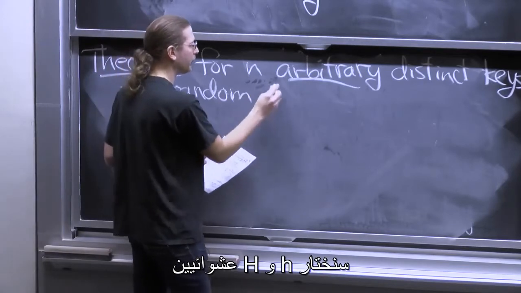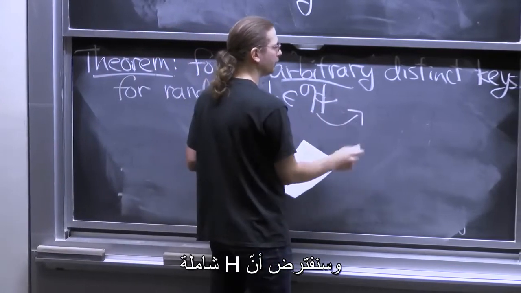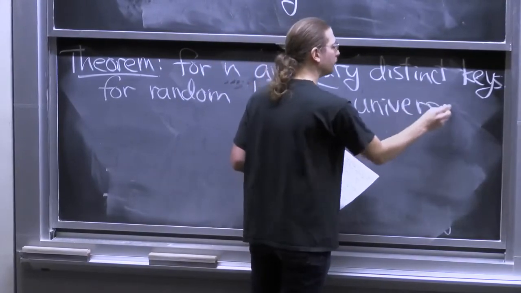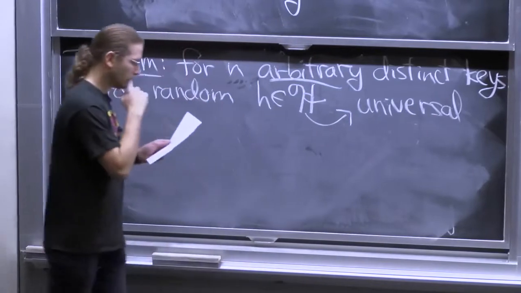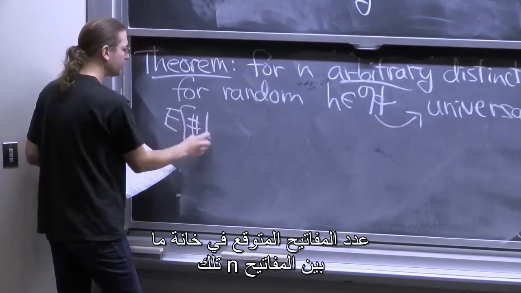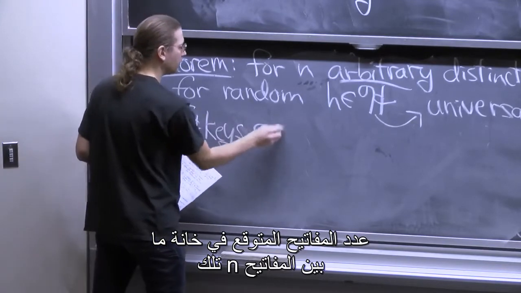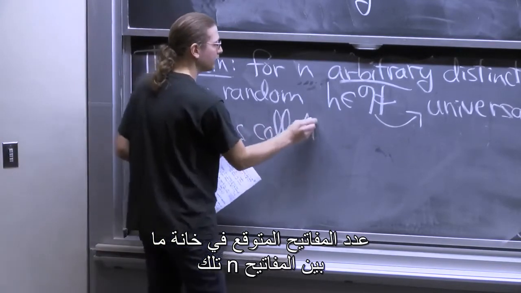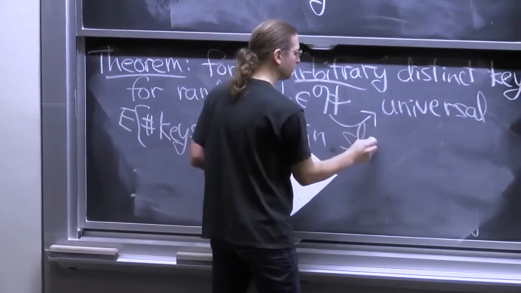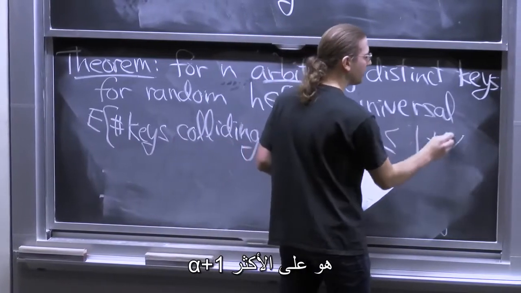So we're going to choose a random little h in big H, and we're assuming big H is universal. Then the expected number of keys in a slot among those n keys is at most 1 plus alpha.